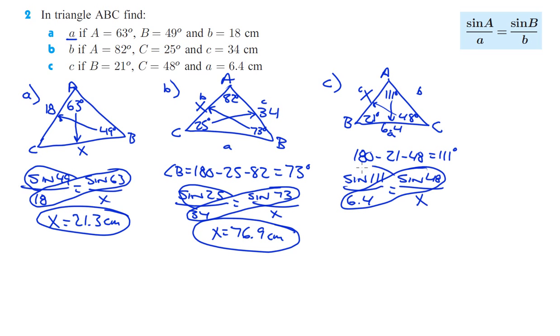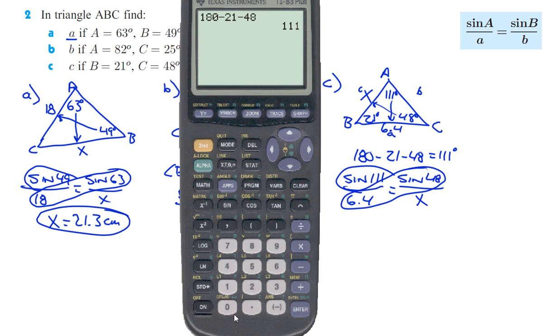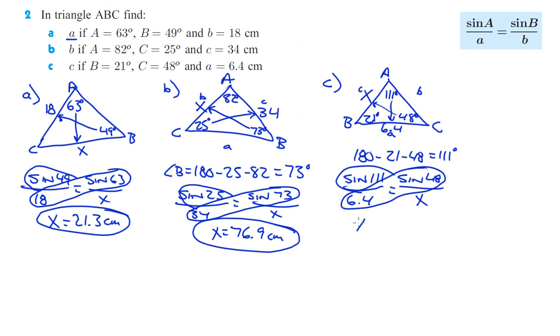Cross multiply and divide. Right, so 6.4 sine 48 is 4.75. Divide that by sine 111, and we get 5.09. So we'll call x equals 5.1 centimeters, we'll call it.